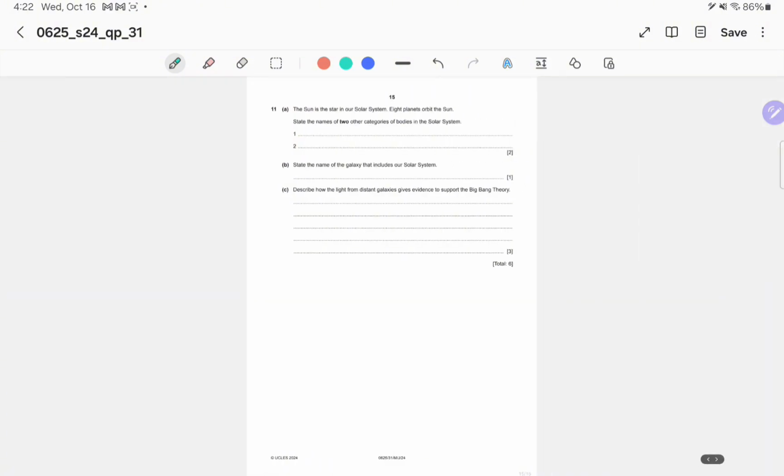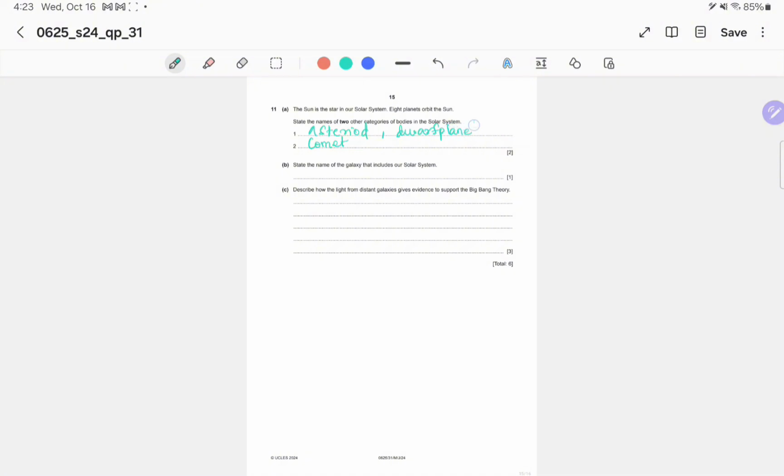Okay. Next question, 11th one. The sun is a star in our solar system. 8 planets orbit the sun. State the name of 2 other categories of bodies in the solar system. There are so many things to take into account. You can write whatever you want. I will write one thing is asteroid, and the second thing can be comet. Other things may be dwarf planet.